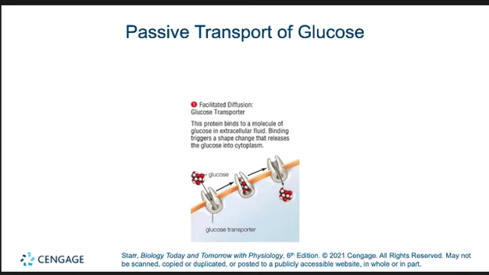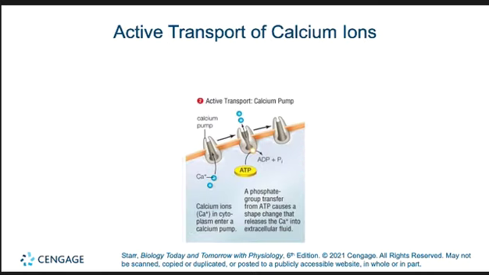So we can see some examples here, right? With facilitated diffusion, right, a glucose transporter can bind high concentrations of glucose on one side of the membrane, okay, and then pass it into the cell, all right, via facilitated diffusion, okay, from high to low, all right. Calcium pump, right, is going to move material against its concentration gradient using ATP to drive it.